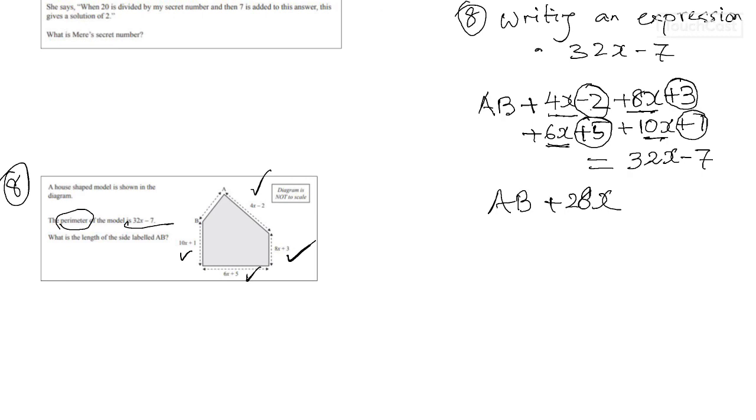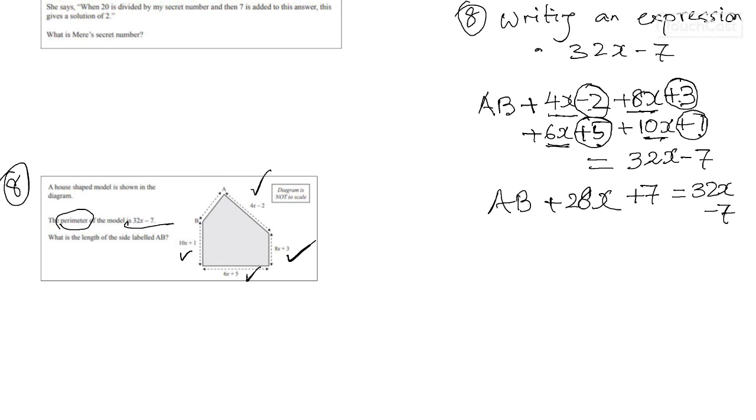And negative 2, positive 3, that gives you positive 1. Another positive 5 gives you positive 6, and 1 positive 7. So that's positive 7. That should be equal to 32x minus 7.